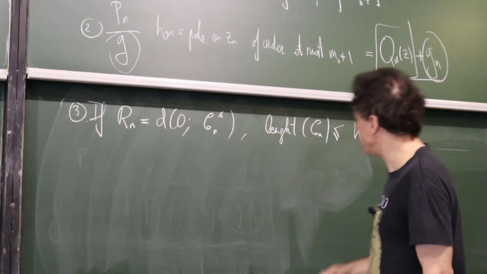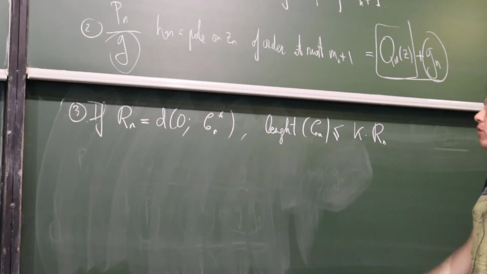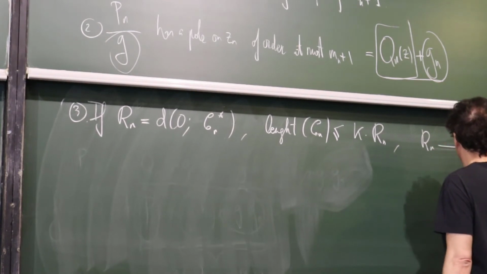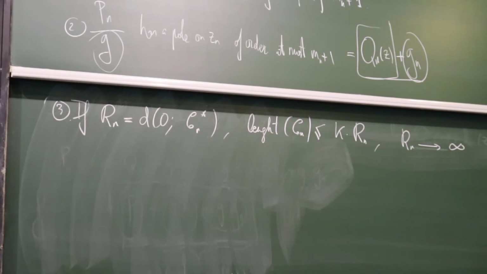So this is bounded by a constant times this distance, and Rn tends to infinity. So essentially, for instance, this condition is verified.